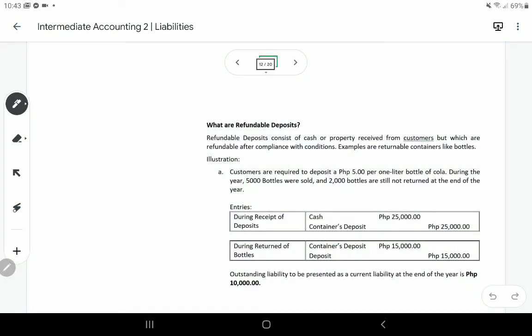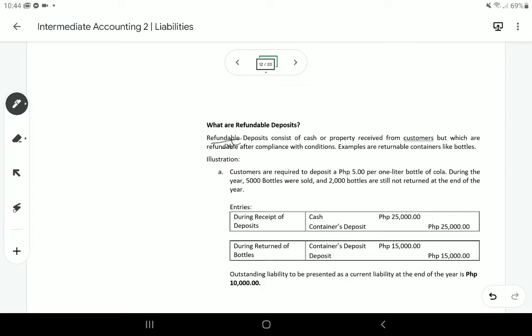Okay? So next is, what are refundable deposits? So medyo familiar naman siguro kayo nito, no? Again, this is also part of your estimated liability. So, pag nagbenta ka, there are certain sale transactions na requiring for you to return empty containers of that item.